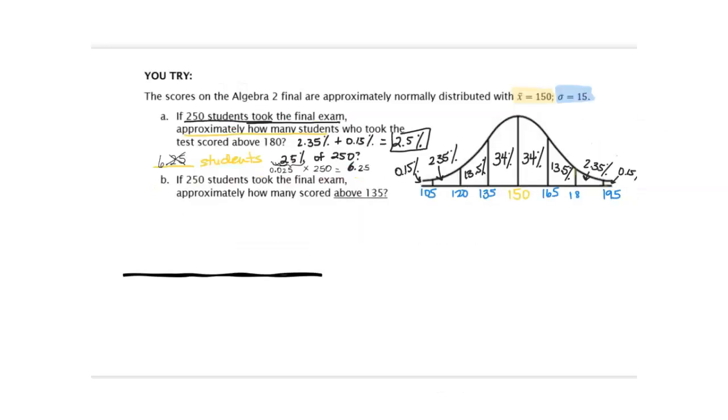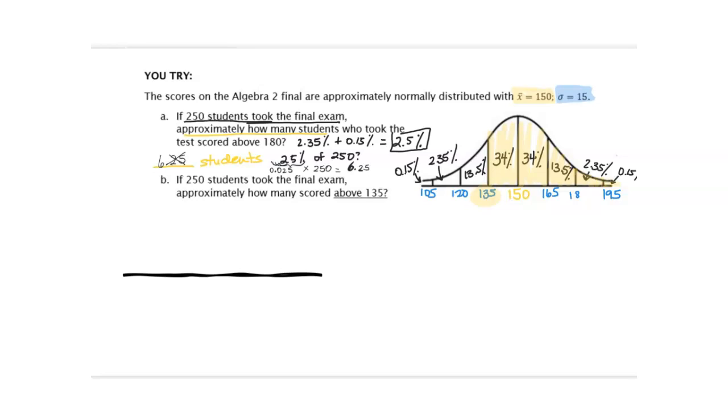All right, the next question: if 250 students took the final exam, approximately how many students scored above 135? Once again, we highlight 135 on our normal distribution curve. The percentage who scored above 135 would be everyone in this particular region.